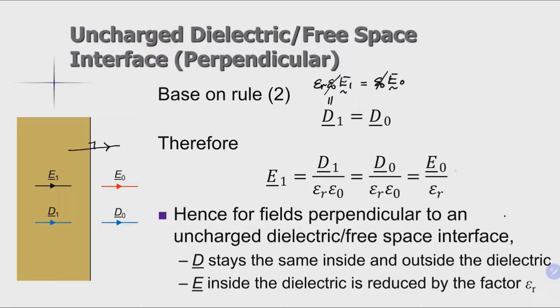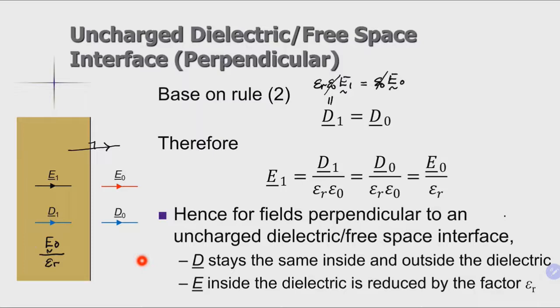So for the perpendicular field, the electric flux density stays the same inside and outside. The electric field inside the dielectrics is reduced by a factor of epsilon r. So the electric field here is equal to E0 over epsilon r. The electric field inside the dielectric material is reduced by the epsilon r of the material itself.